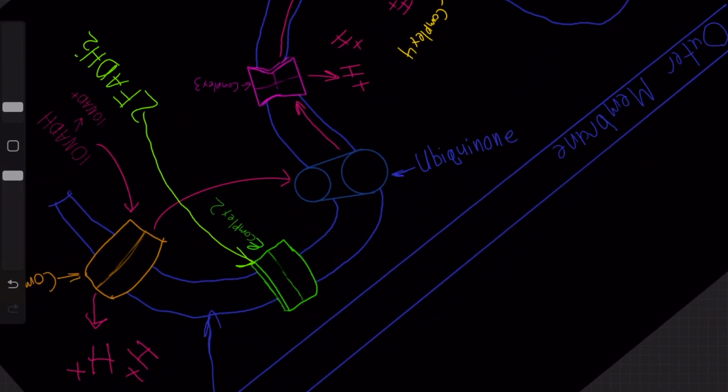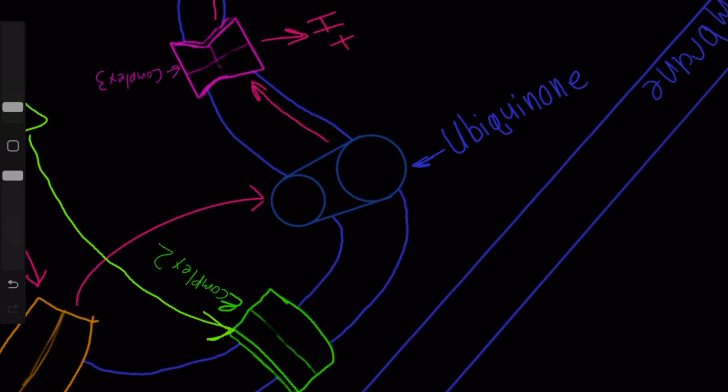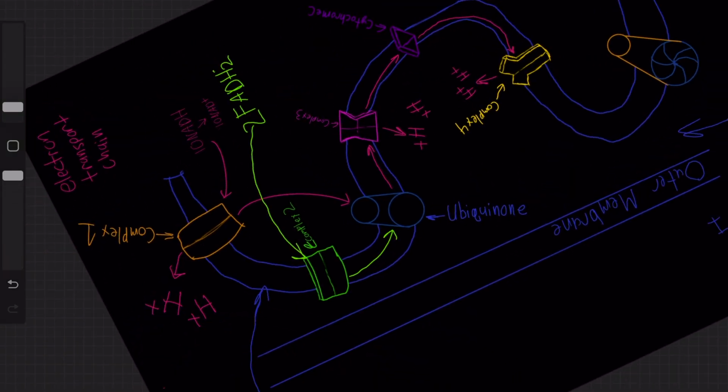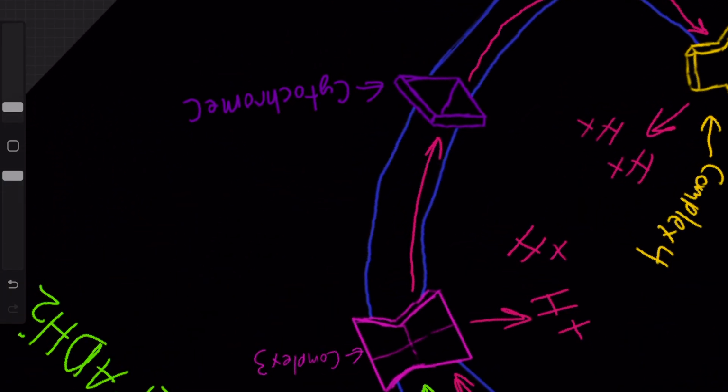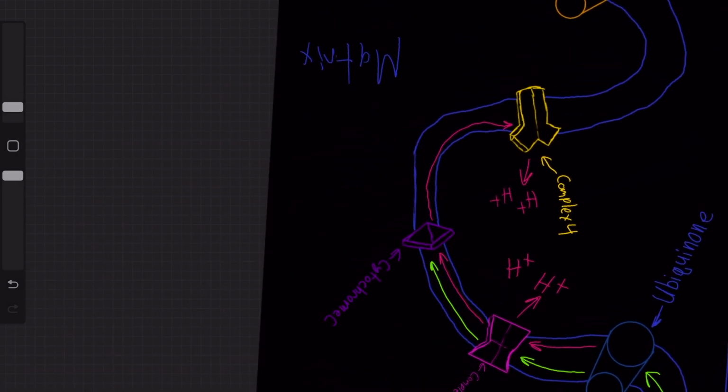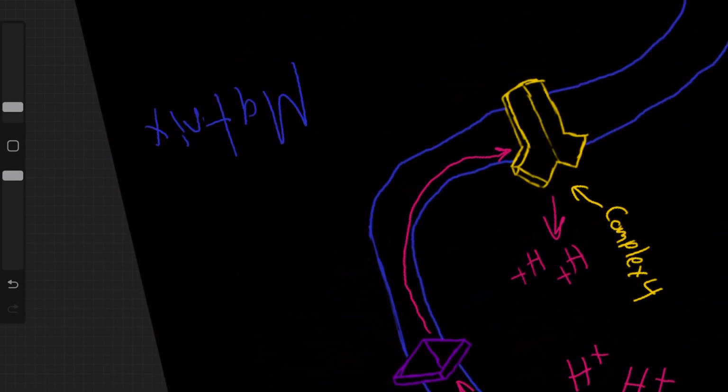The ubiquinone will go to complex 2 and pick up those electrons. From ubiquinone, it will take it over to complex 3. From complex 3, the cytochrome C will pick it up, and cytochrome C will take it to complex 4.